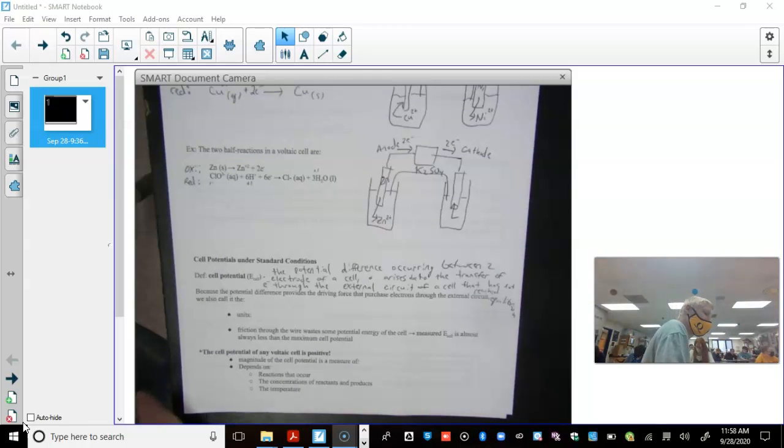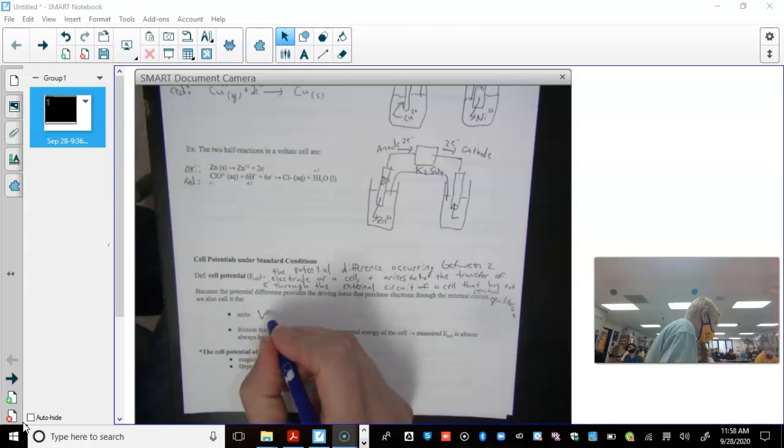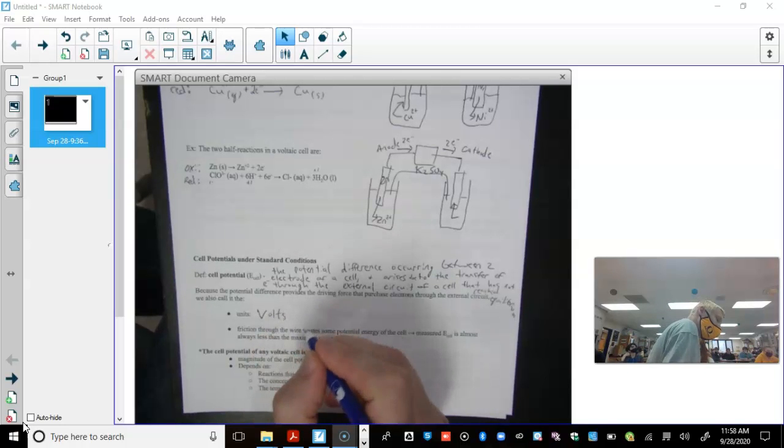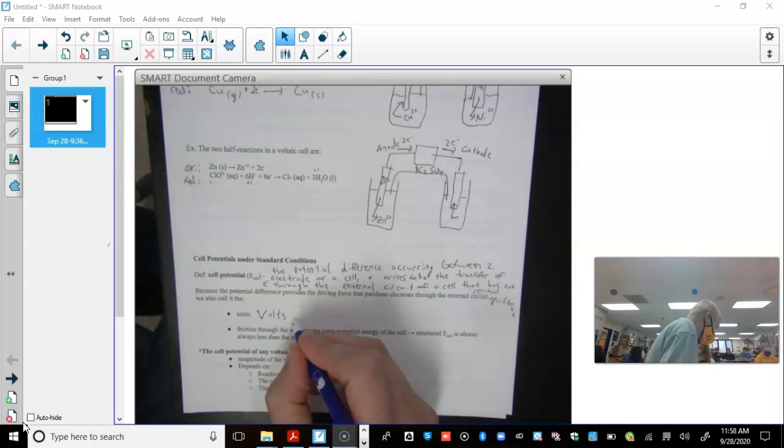All right. So the potential of a cell arises due to the transfer of electrons to the external circuit of a cell that has not reached equilibrium. All right, and the units are in volts, just as Mr. Dobson was saying.